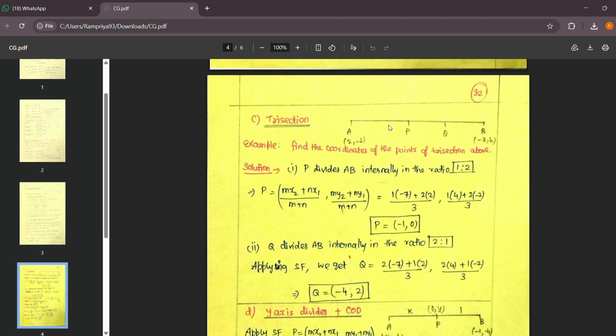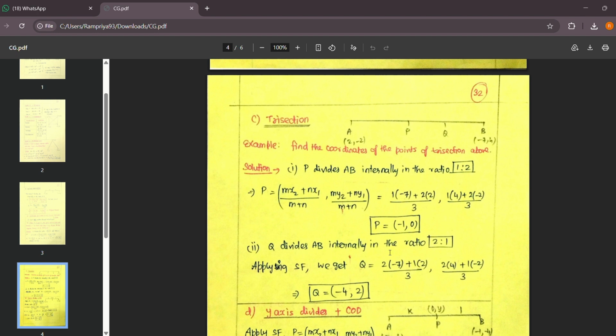This you have to remember, because P means you have only one part here, AP, and then after this you have two parts, PQ and QB. So the point P should divide AB internally in the ratio 1 is to 2, and point Q should divide AB internally in the ratio 2 is to 1, because Q has two parts, AP and PQ, and next comes QB.